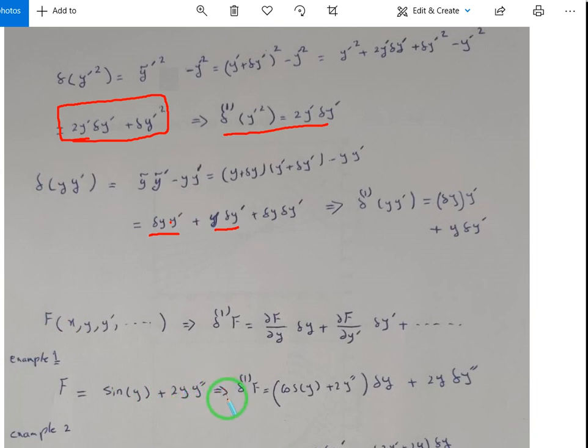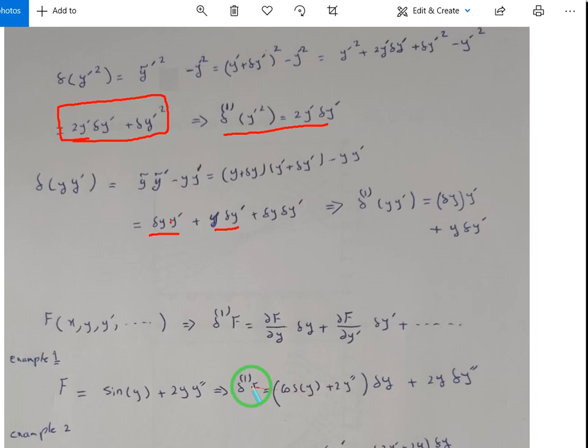So we can easily say that the first variation of f is equals to partial derivative of f with respect to y multiplied by delta y and partial derivative of f with respect to y double dash multiplied by delta y double dash.